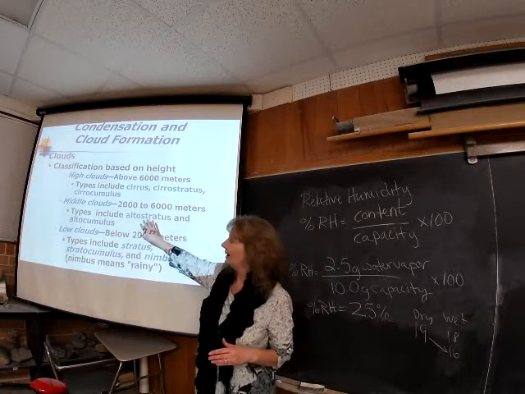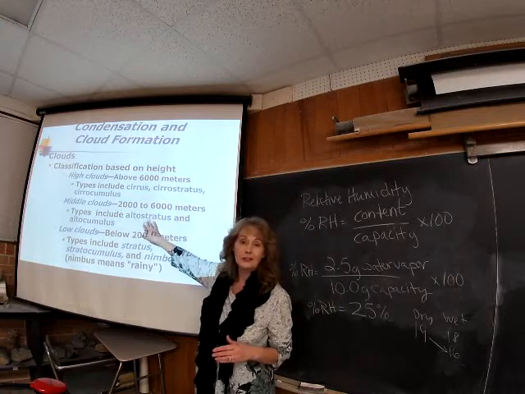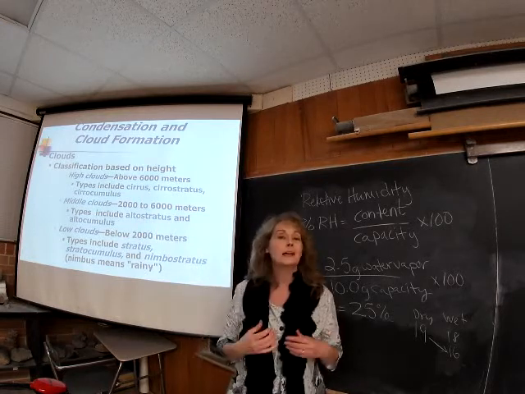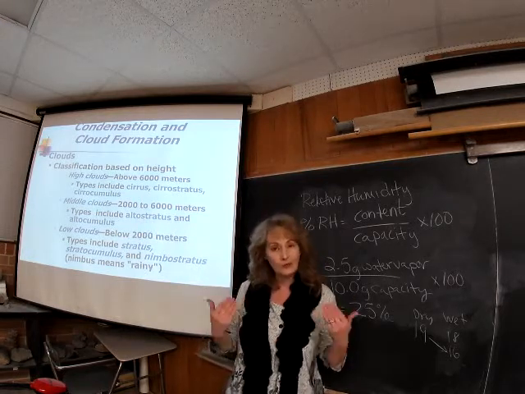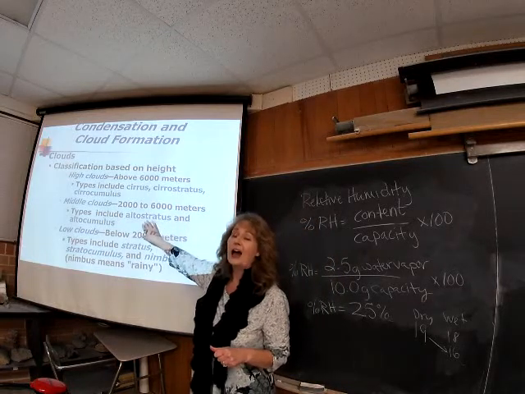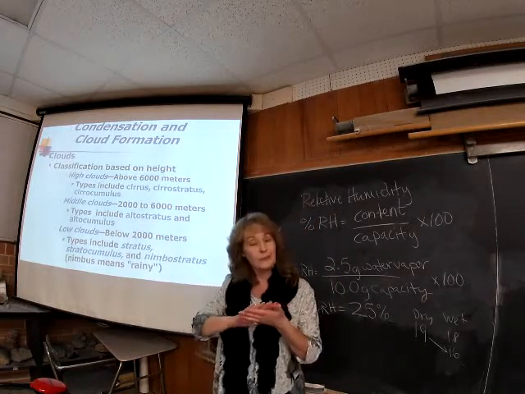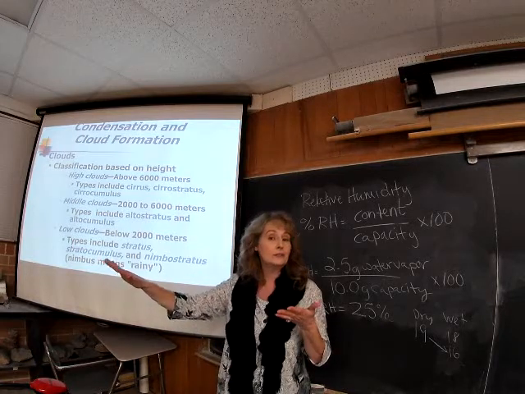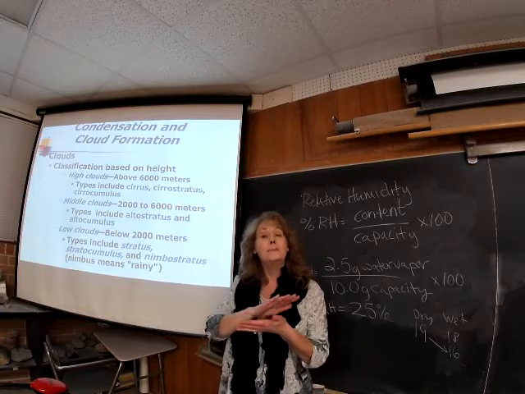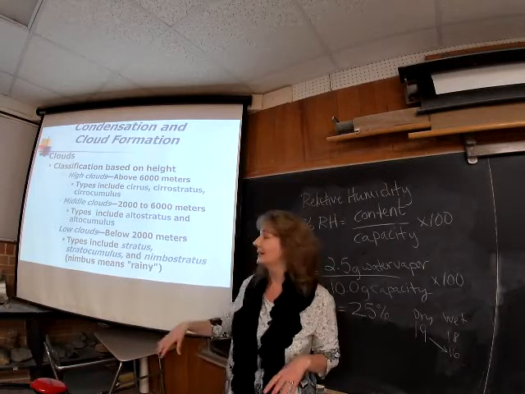Middle, okay? A lot of times you are going to see that prefix of alto for the middle clouds. 2,000 to 6,000 meters are the alto range. Mid-level clouds, so altostratus, altocumulus. Altostratus would be mid-level layered, sheets or layers. Altocumulus, mid-level cumulus clouds.